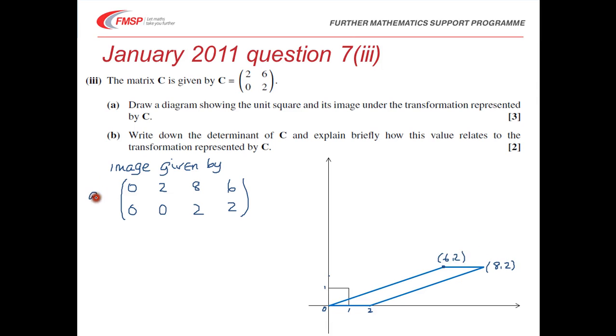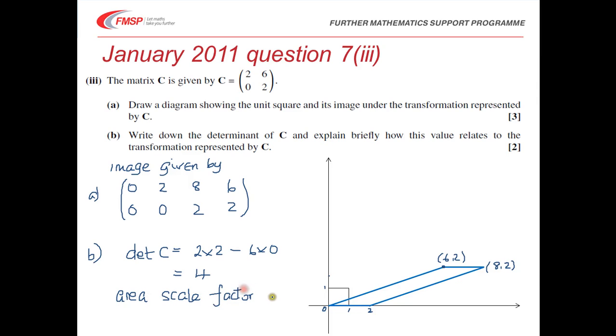So that was part A, and then in part B it says write down the determinant of C. The determinant of C, remember, is the product of the elements in the main diagonal, so that's 2 by 2, minus the product of the other two. So the determinant is 4. And that tells us that the area scale factor is 4.